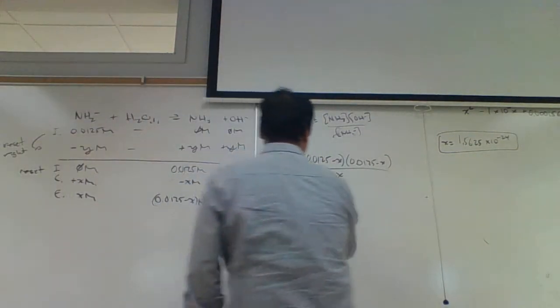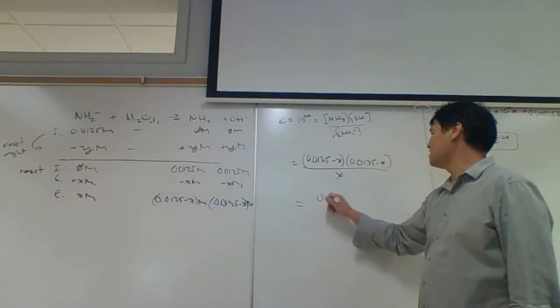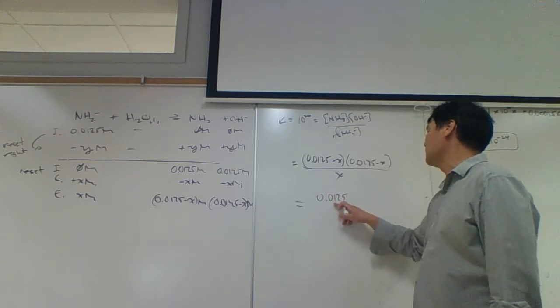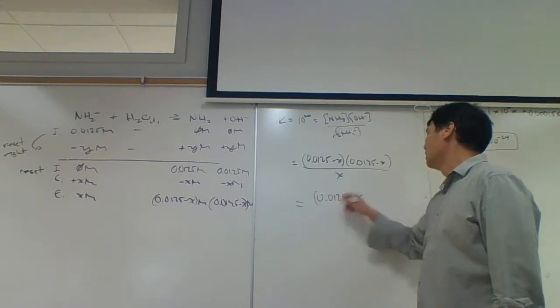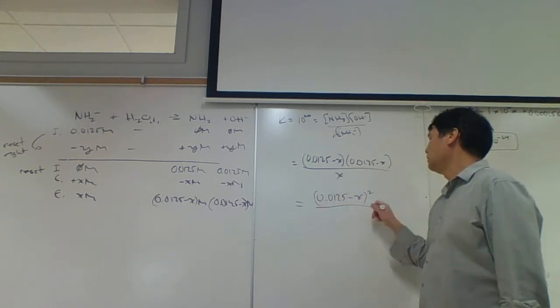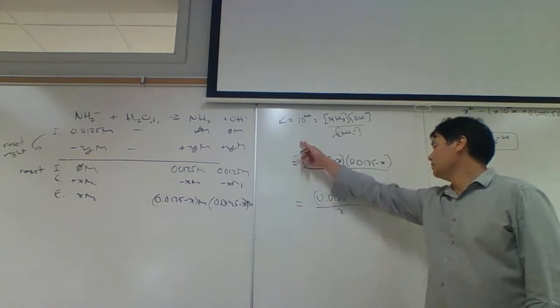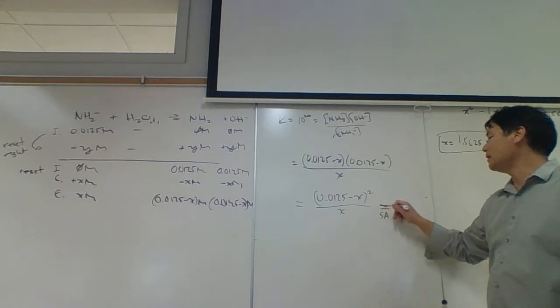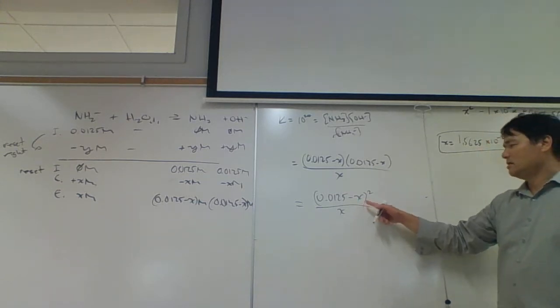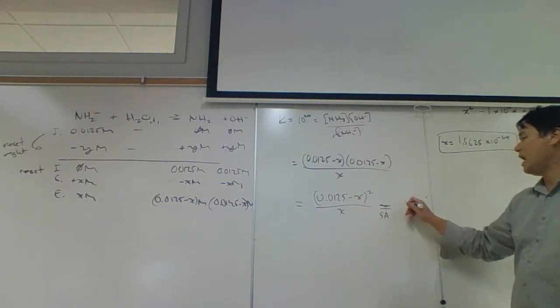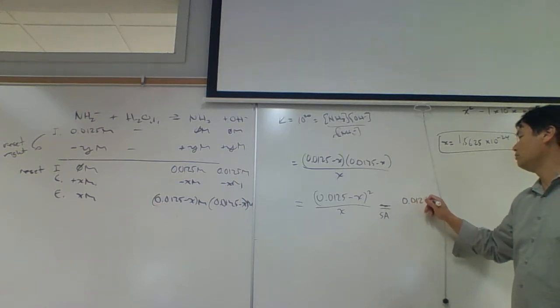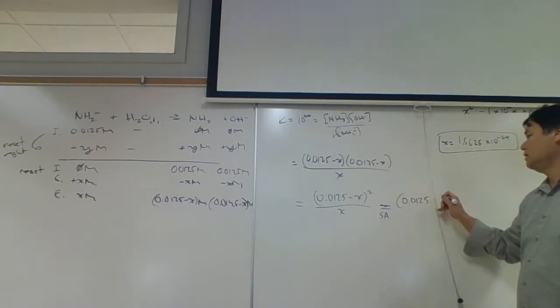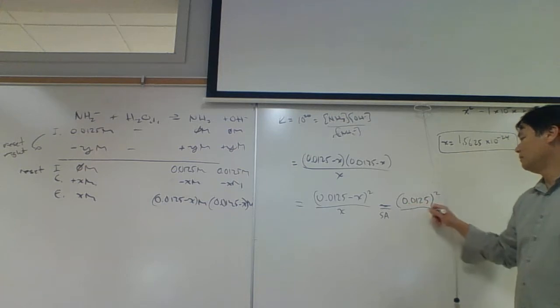So I'm going to make the simplifying assumption, except in this case I'm going to put these two binomials together. So it's going to be (0.0125 minus x) quantity squared divided by x, and this is equal to 10 to the 20th. If I make this simplifying assumption, I'm going to assume that x is negligible compared to 0.0125. So I'll get 0.0125 quantity squared divided by x.